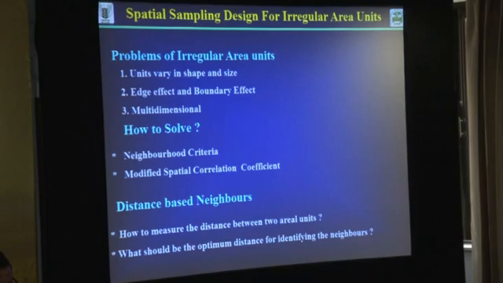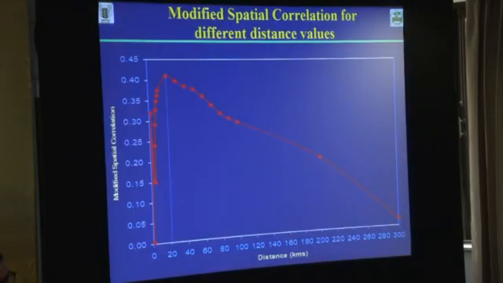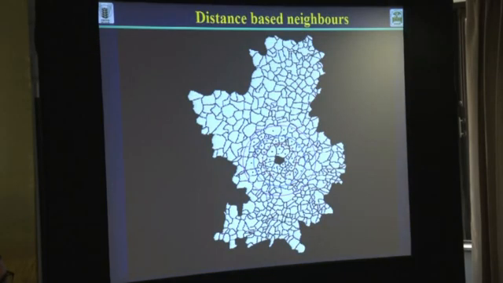So we tried to change the neighborhood criteria here, and we calculated the modified spatial correlation coefficient, and instead of using contiguous neighbors, we used distance-based neighbors here, which does not account for the shape and size of the units. So here you can see we have opted for distance-based neighbors. Here, if you can see 3 colored circles, we have the first lag neighbors, the second lag neighbors, and the third lag neighbors.